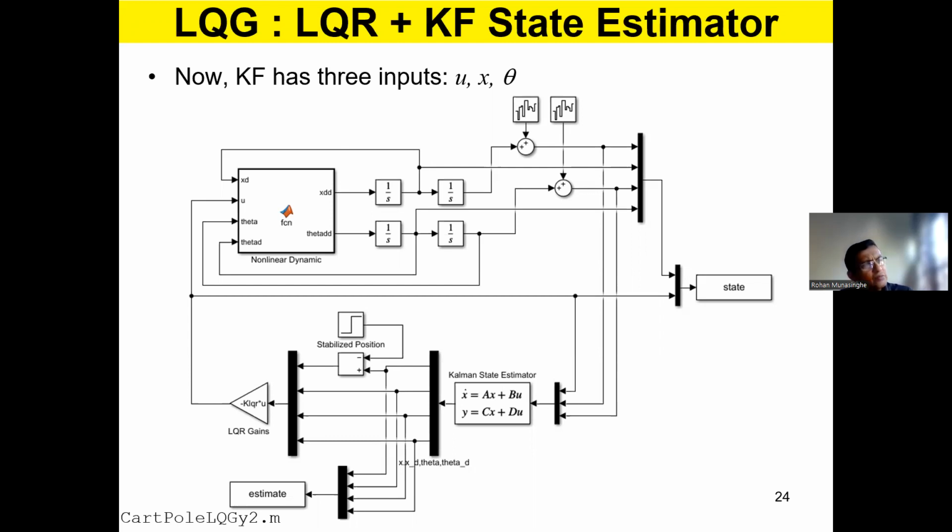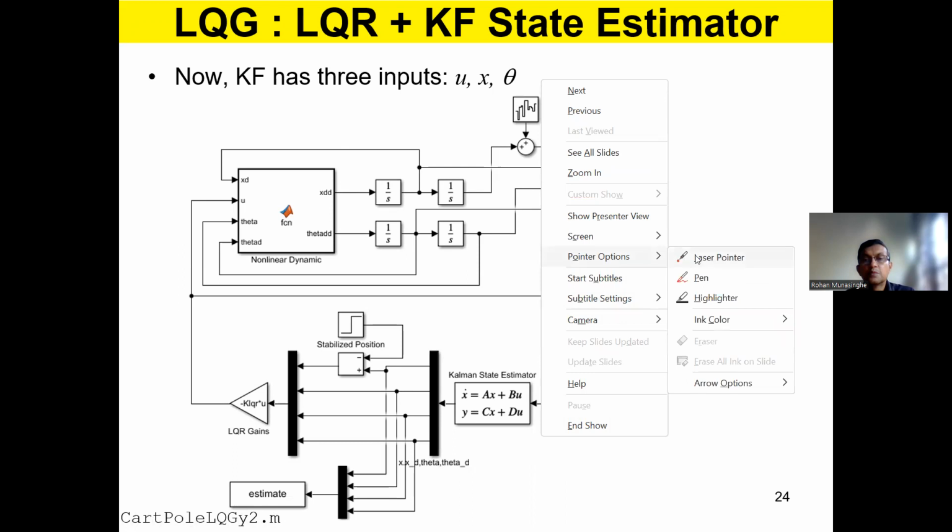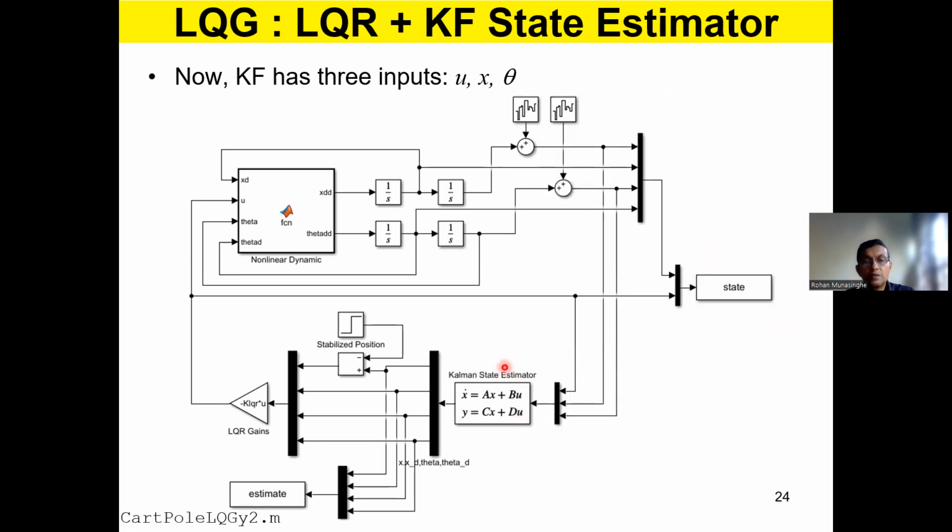I think the one major remaining problem in the control system is the estimator here, right? This estimator uses a linear model of the plant, okay, whereas the actual plant is highly nonlinear, okay.